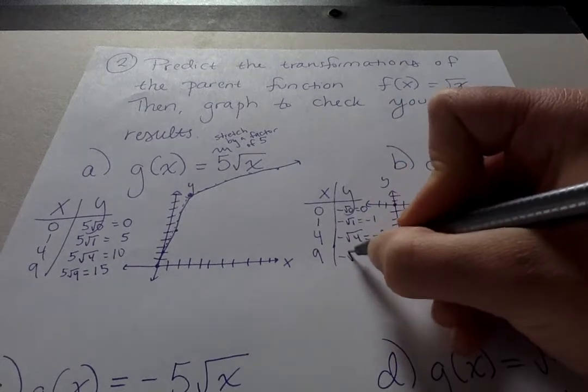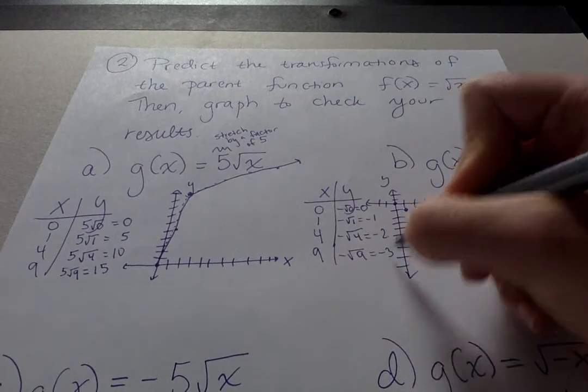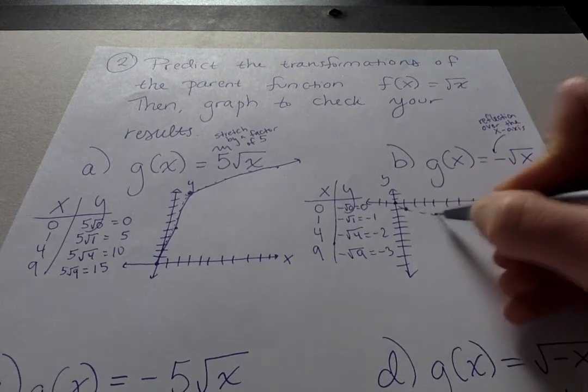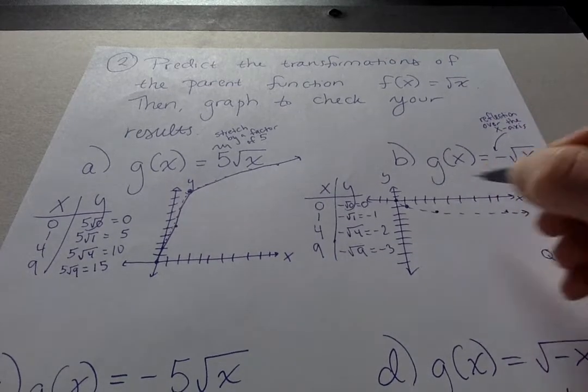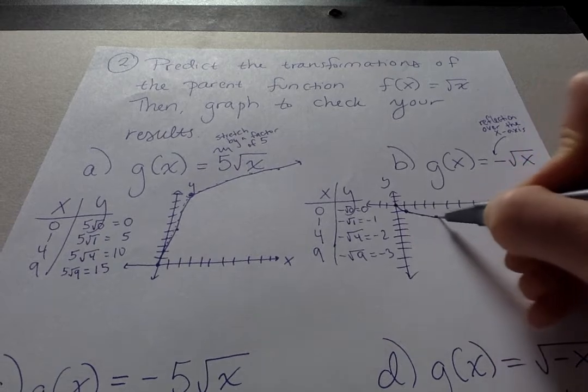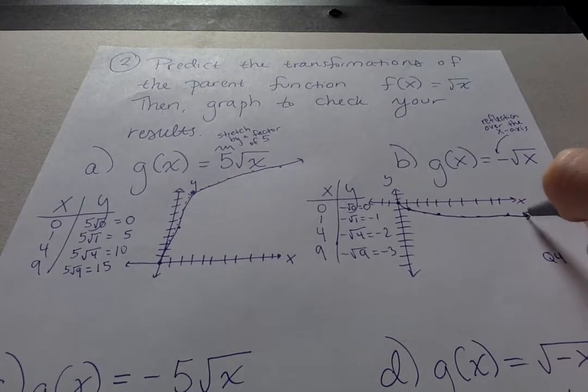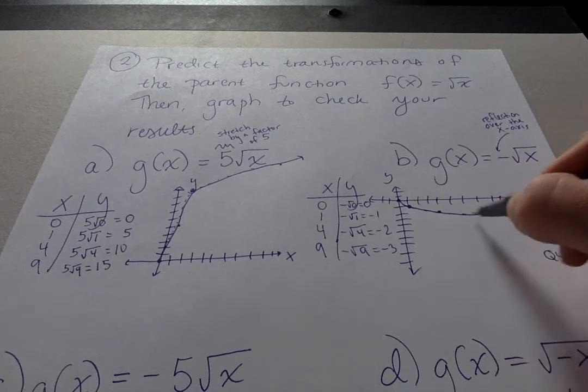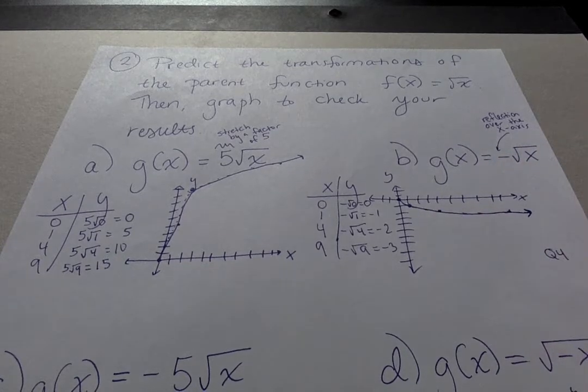Then we have the negative square root of 9, so it's negative 3. So we go 9, negative 3. So this agrees with our prediction that it is a reflection over the x-axis. Previously it would have looked like this. Now it's been reflected in a mirror image over the x-axis.